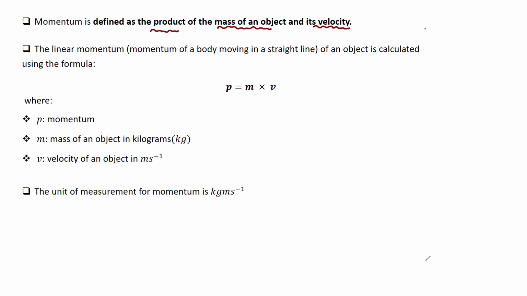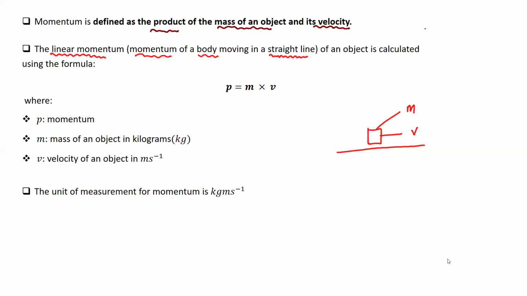We speak about linear momentum because linear momentum is momentum of an object moving in a straight line. If you think about it, say that there is a car, the car has mass, the car has velocity, the car is moving on a straight line, the car has linear momentum because it's the momentum of a body moving in a straight line.